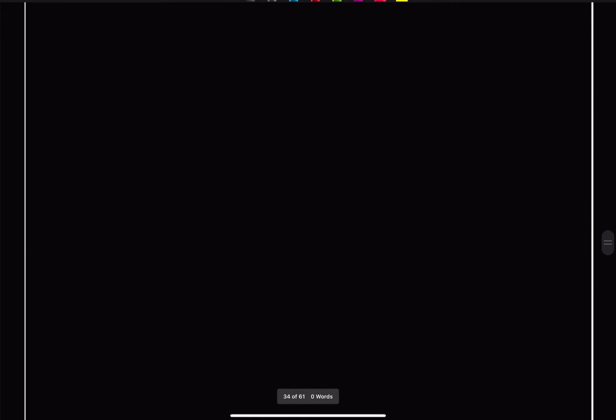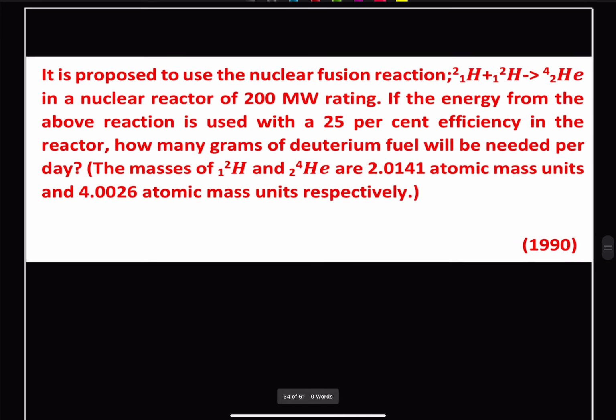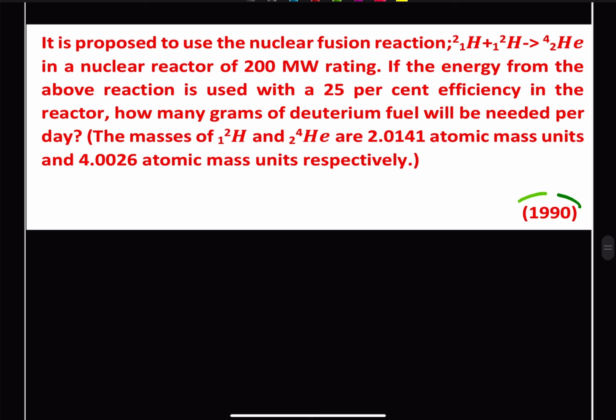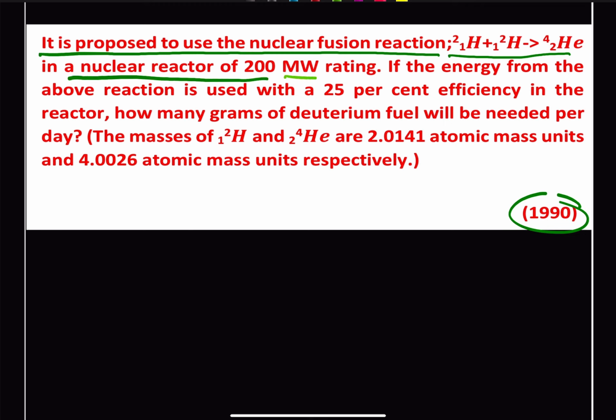Next question. It was asked in the year 1990, and it states that it is proposed to use the nuclear fusion reaction, which is given as 2H1 plus 2H1 gives us 4,2He in a nuclear reactor of 200 megawatt rating.